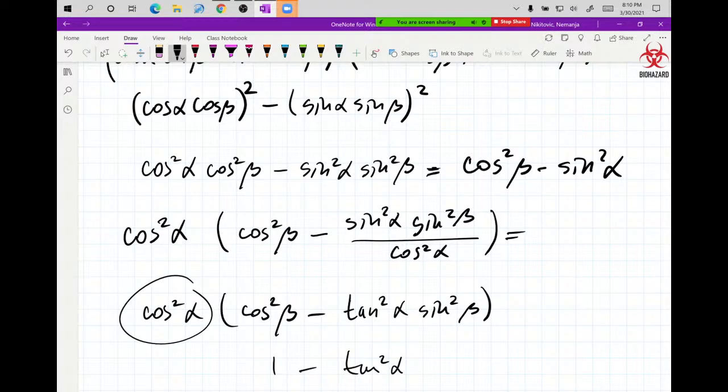So 1 over that is going to be a secant squared alpha, and that's the identity for both sides. But we can't really free it up that way. I still need to see what is the actual way to get through all of this stuff.